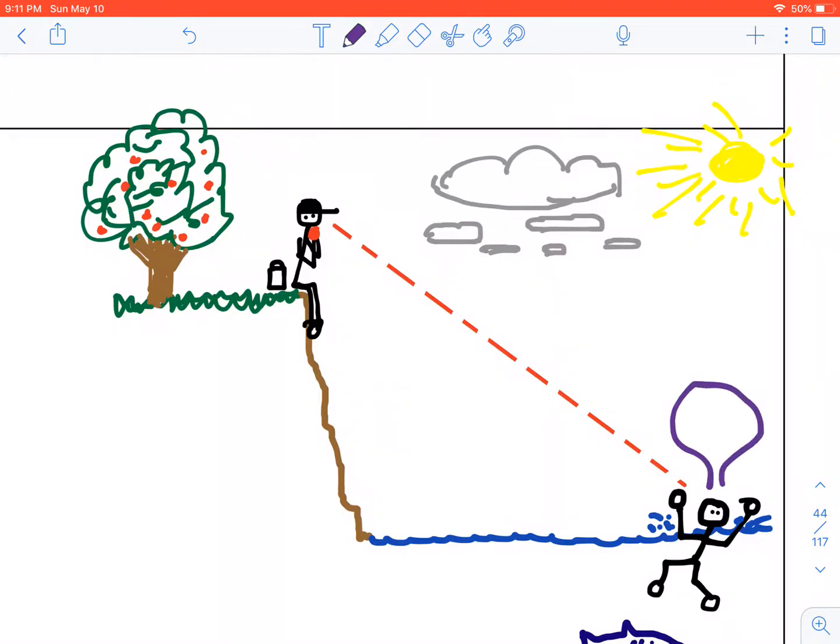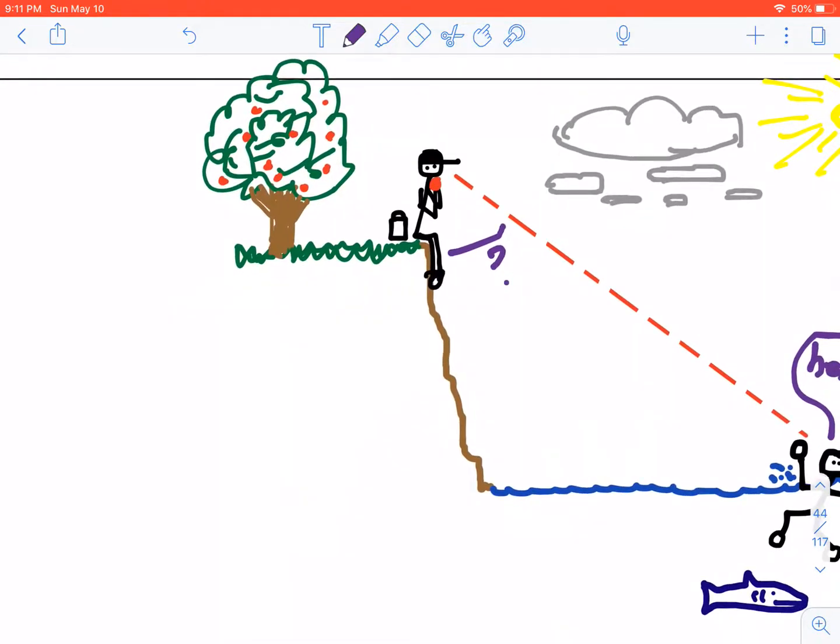And so you have to decide, what angle is that person who is yelling "help" at me at? The angle that they're referencing would be this angle here. Okay?